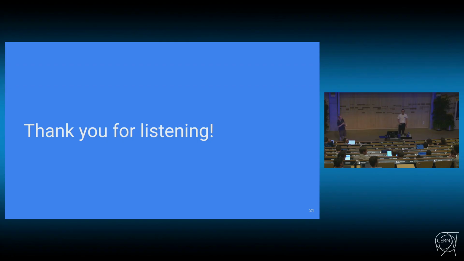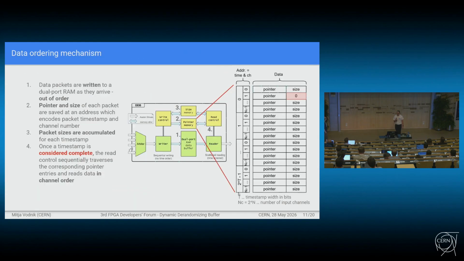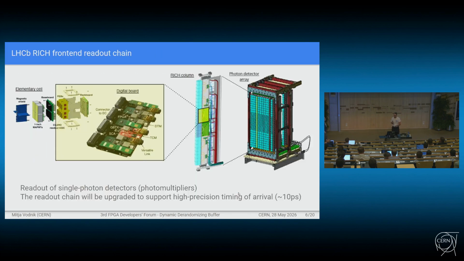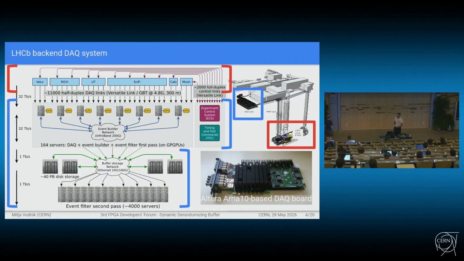Hello. What is the importance of saving the data sorted in time if they come with the time of arrival information? What we do here in LHCb is event building, right?